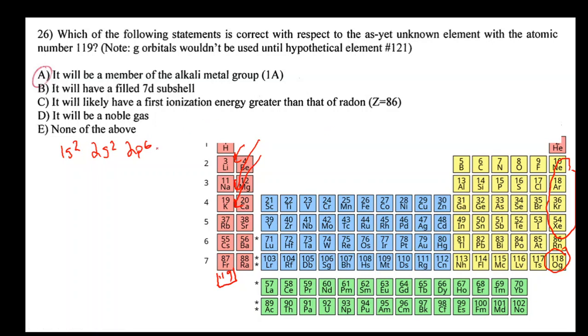There's no d's yet. So then we go 3s2, 3p6. And then here is where it gets fun. So now we're dealing with a d orbital. So we go 4s2. The d orbital, in this case, you actually subtract 1 from its row.